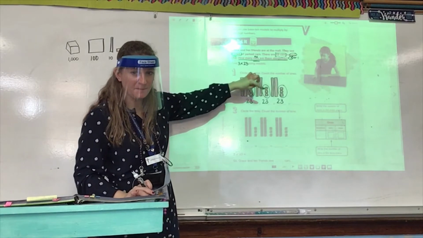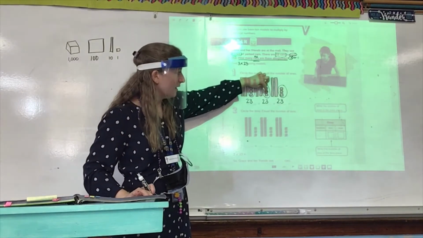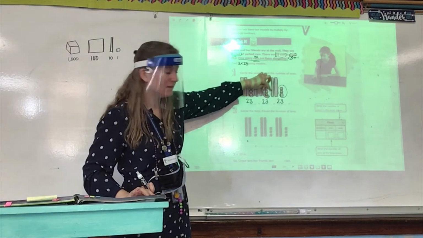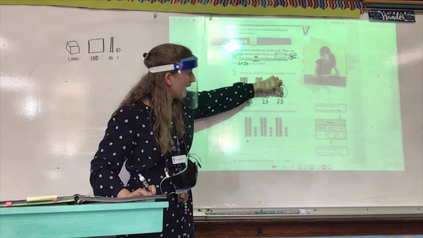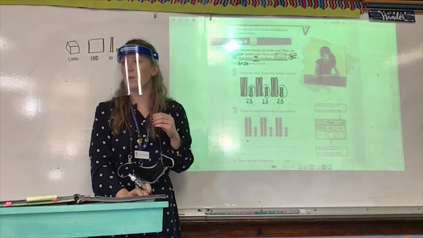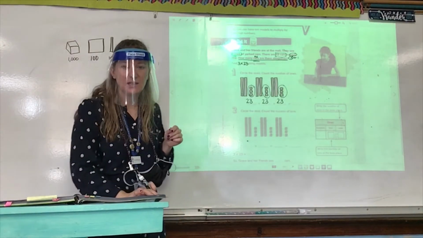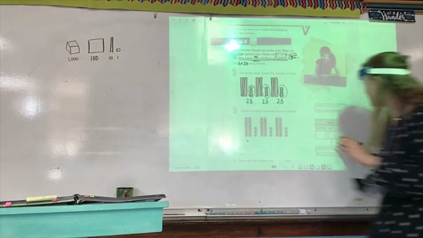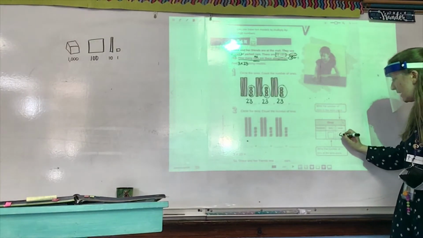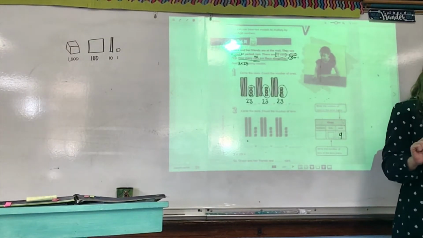Zari, make sure you're counting. 4, 5, 6, 7, 8, 9. So how many 1s cubes do I have, class? 9. So in my place value chart, I'm going to put 9 in the 1s place.